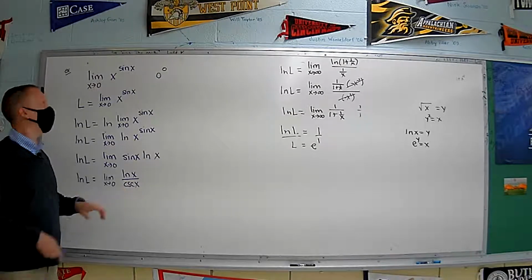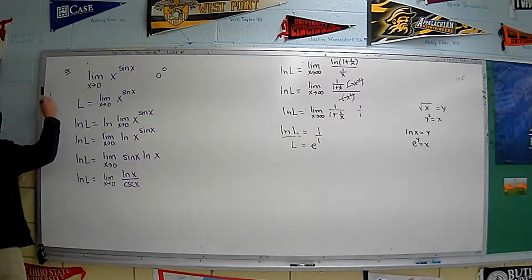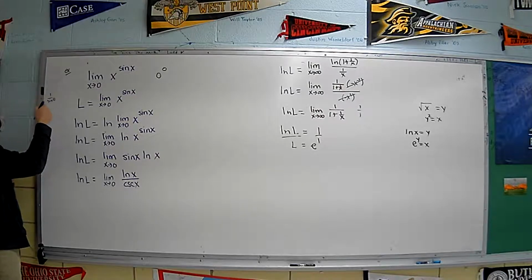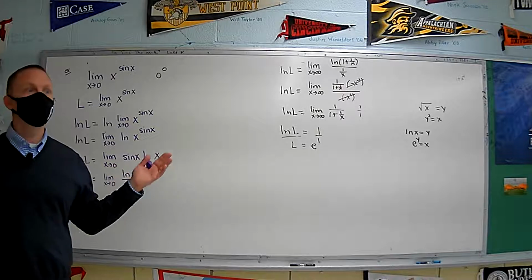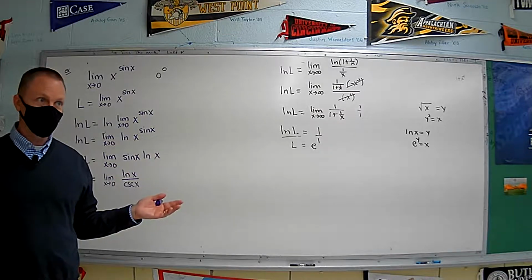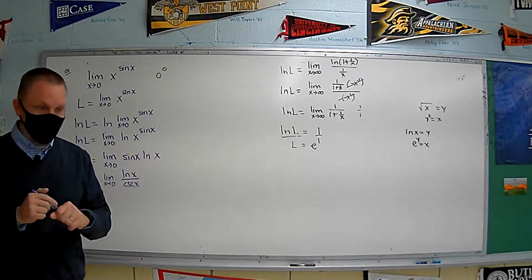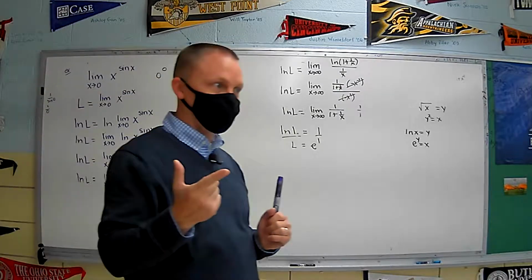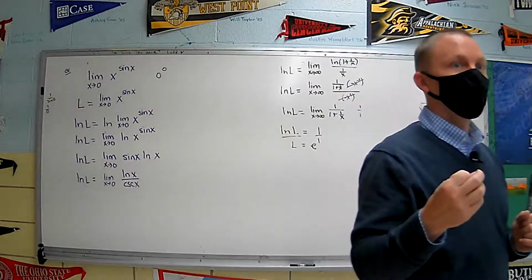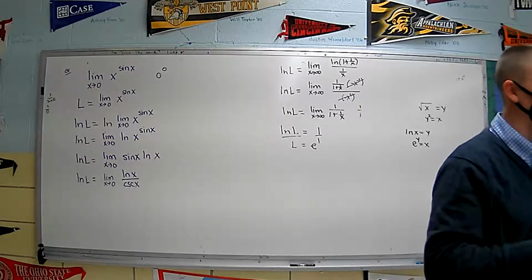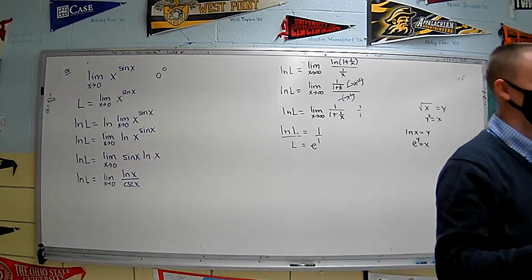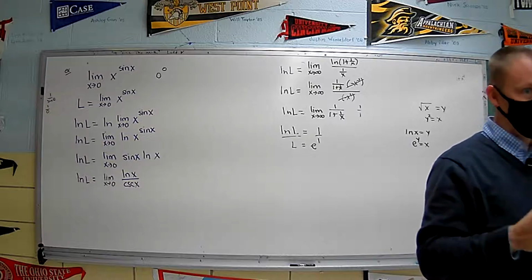That's 1 over the sine of 0. The sine of 0 is 0, so that's 1 over 0, and 1 over 0 is approaching infinity. Okay? So it's going to be very helpful for you if you can tell me what 1 over 0 does. That goes to infinity. What does 1 over infinity do? That goes to 0. If you can think that quickly, it's going to be very helpful.